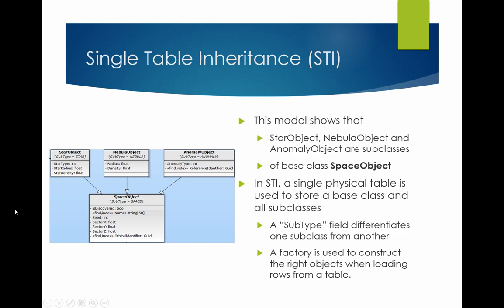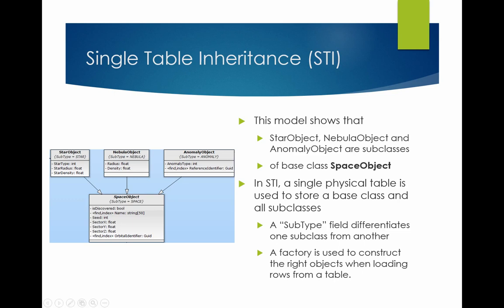So the subtype will be star. When it's a star, I know how to construct an object passing in all these attributes. And when it's a nebula, all these attributes, and so on and so forth. So it's an automatic transformation of the instance in the table to a domain object that contains a bunch of attributes.